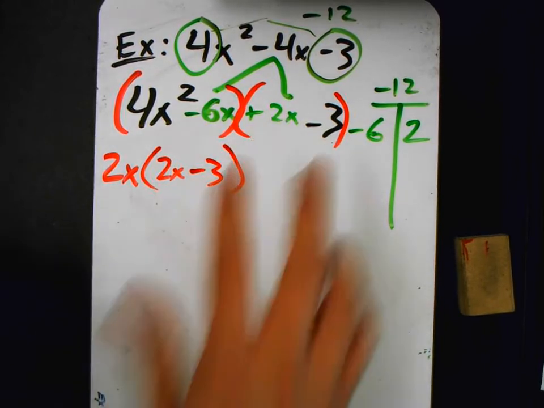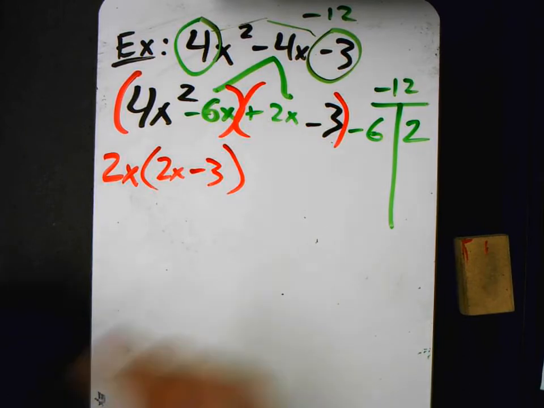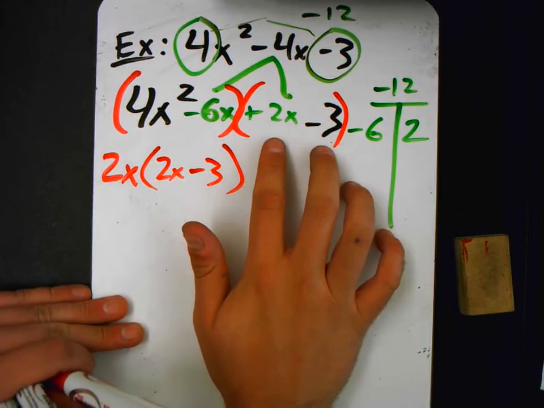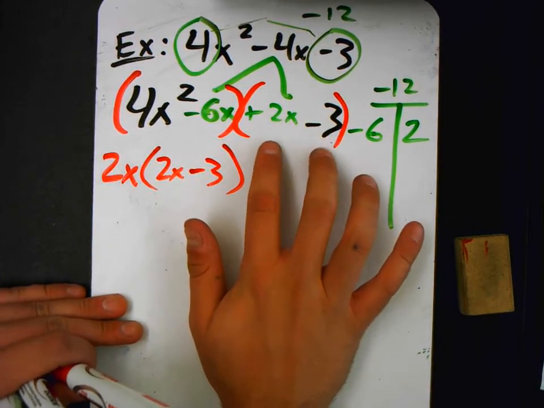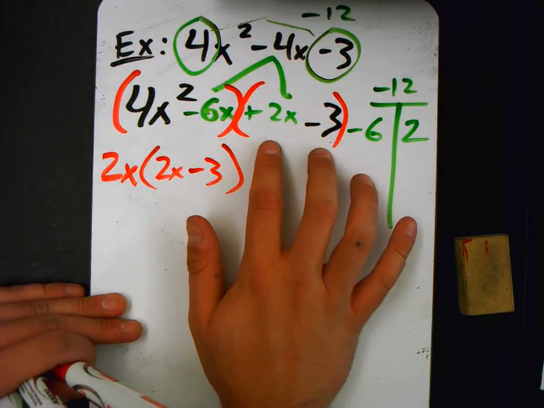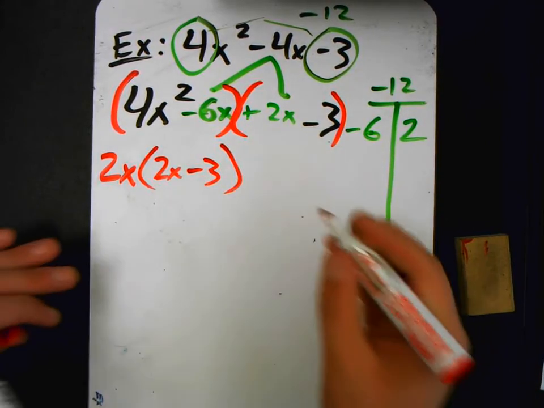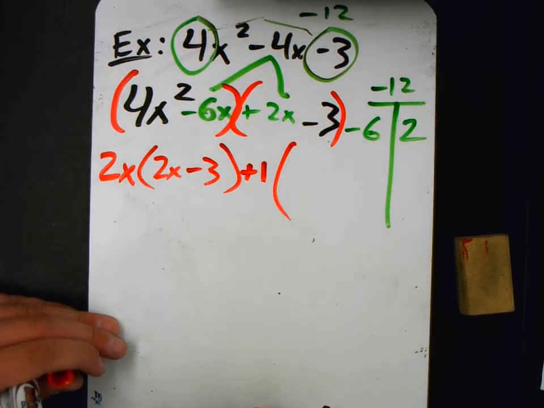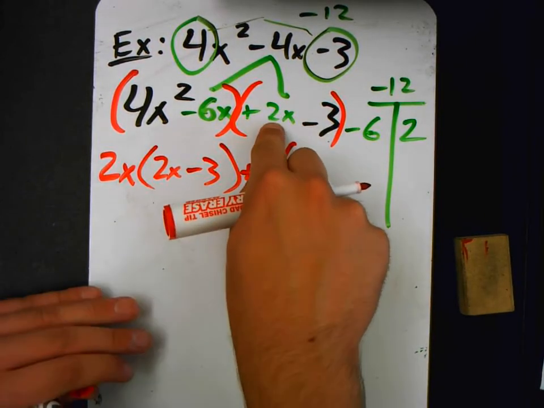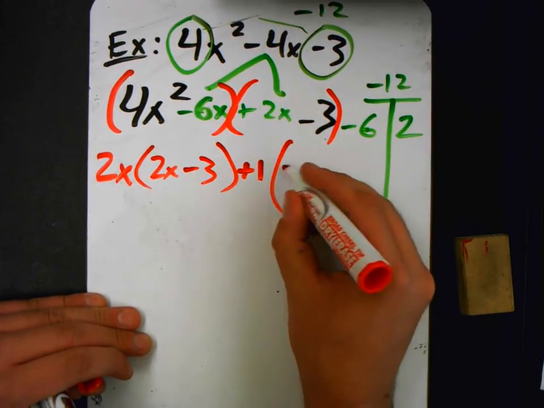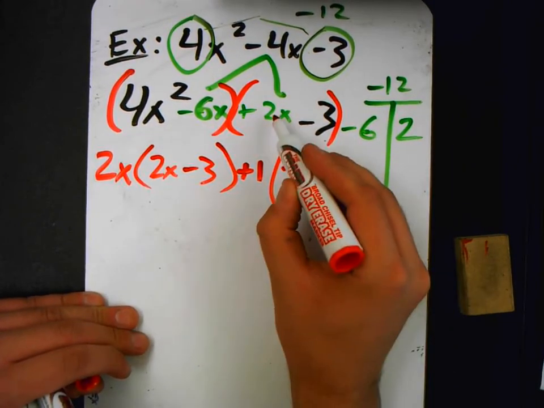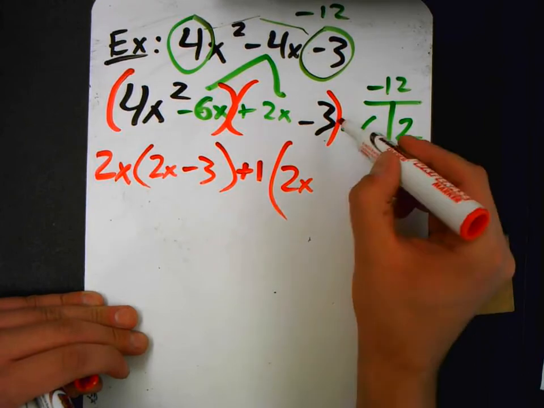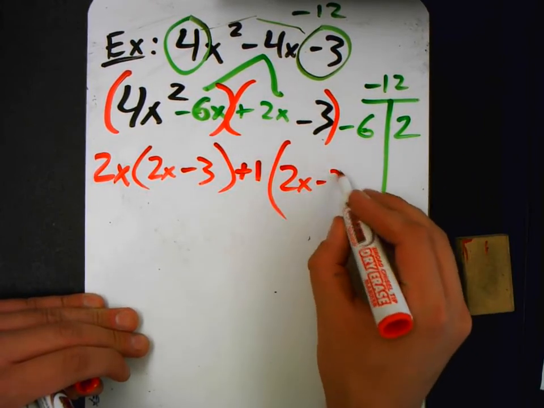Now we move on to the second one. There is actually nothing in common that I can factor out from either of these two terms. So what I'm going to do is factor out a 1. When you divide a 1 into 2x, you are left with 2x. 2x divided by 1 is 2x. And negative 3 divided by 1 is negative 3.